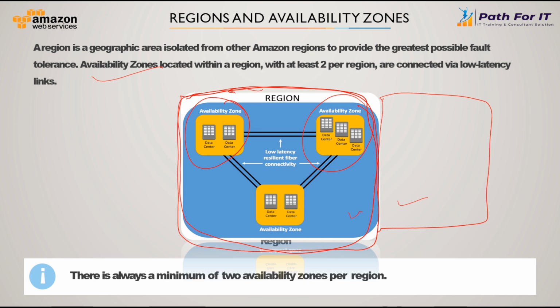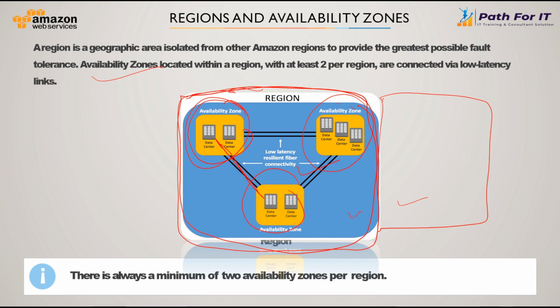In computing specifically, low latency is associated with high performance systems and applications that require fast response time to user requests. So basically, whenever we are talking about one availability zone to another availability zone, these are connected with low latency.